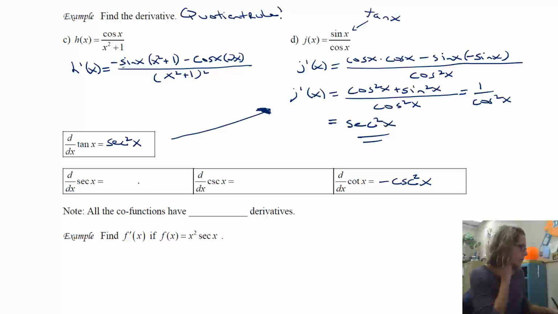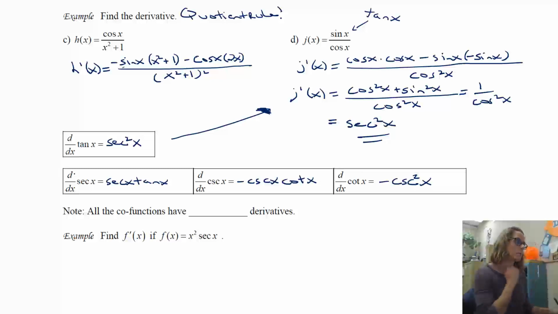If you're wondering about secant and cosecant, the derivative of secant is secant x tan x, and the derivative of cosecant is negative cosecant x cotangent x. So those are the derivatives of the 6 trig functions that we use a lot.